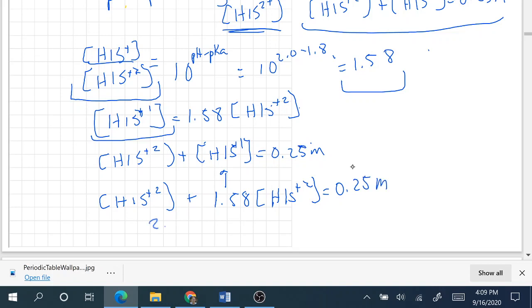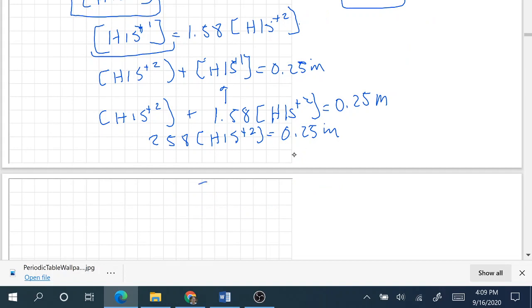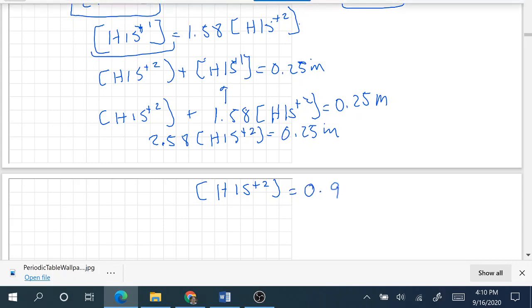Alright, so 2.58 times His plus 2 is equal to 0.25 molar. So now we know the His plus 2 concentration is equal to 0.25 divided by 2.58. Okay, and so that's 0.097 molar.